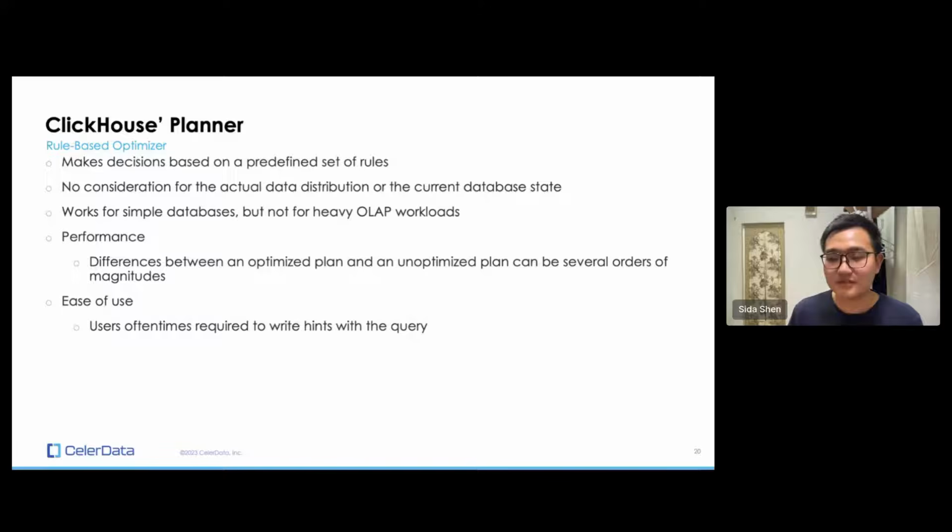No consideration for the distribution of the data, like the min, max, or histogram, right? And there's really nothing wrong with a rule-based optimizer if you're not doing complex queries. So it really works for simple databases, but not really for OLAP workloads.